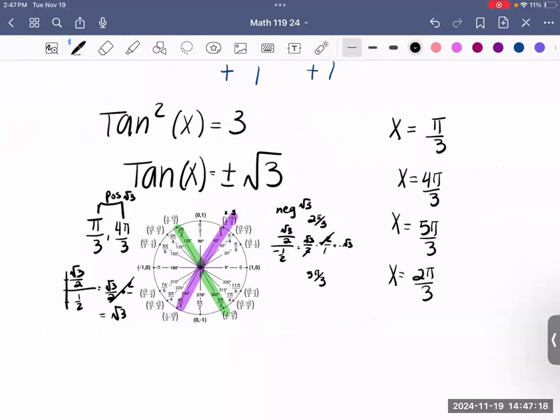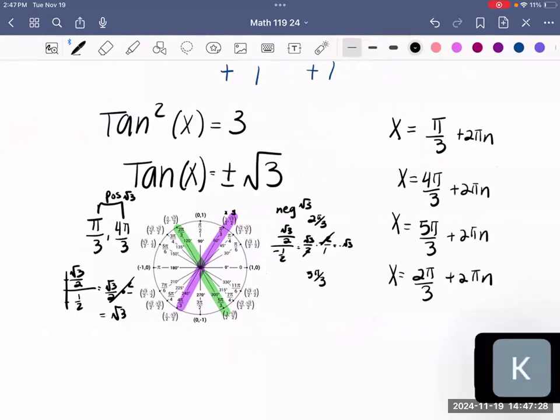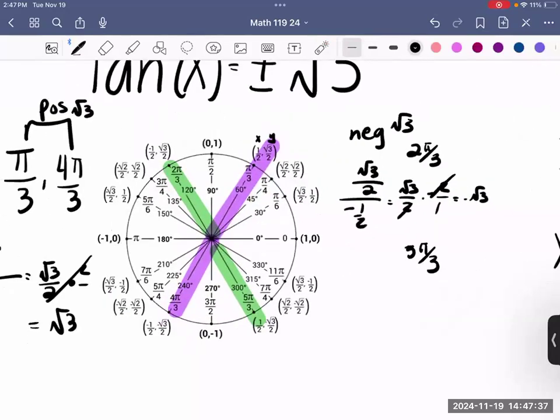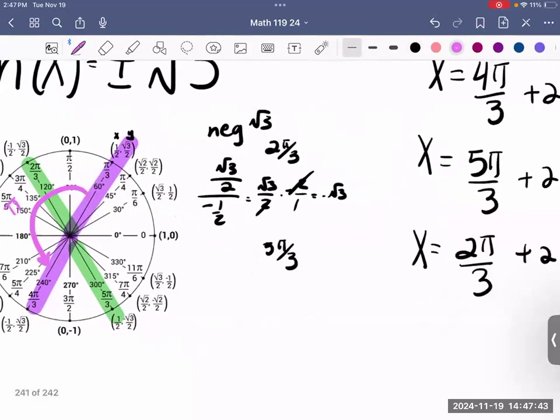Now here, we could also add 2 pi n to all of these, and it gets a little redundant. So another way to write your response is to take the first positive one, and notice how far away it is from the other positive one. Well, it's about a pi. Actually, it's exactly a pi.